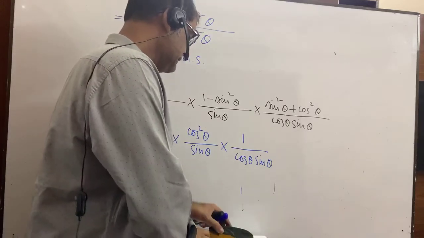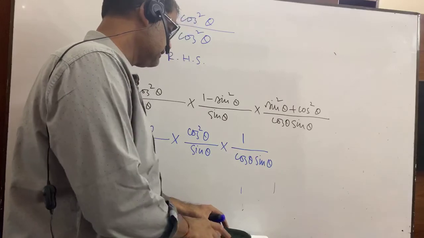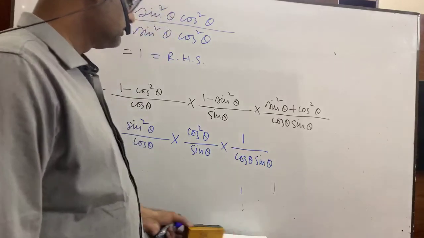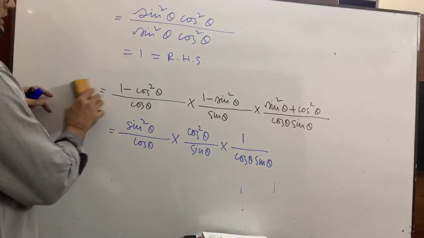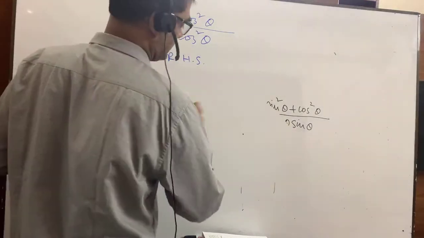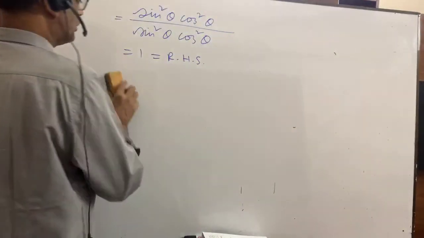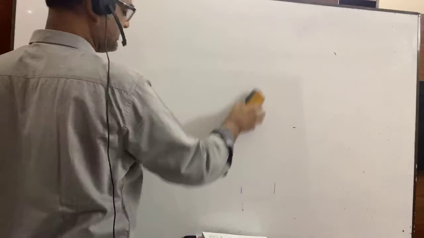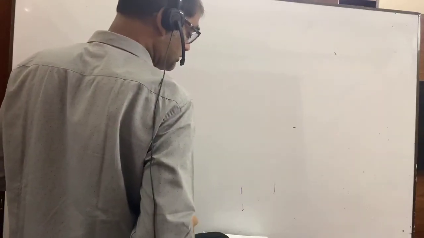Okay, now the most important math to be given in the examination, question number 6. The most important math. Normally this math is given in the exam. So question number 6.